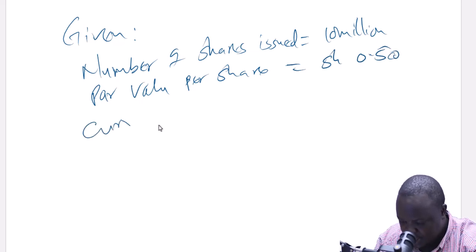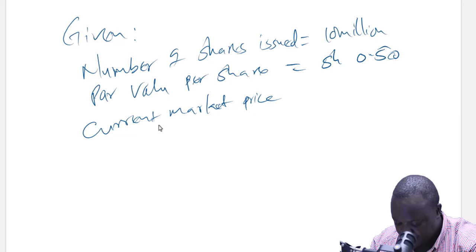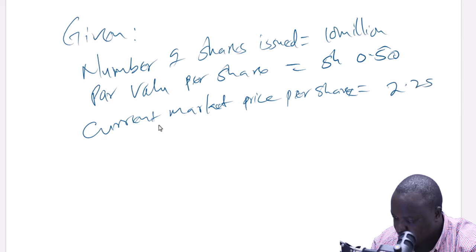And then the current market price per share, that is cumulative dividends, equals 2.25 shillings.